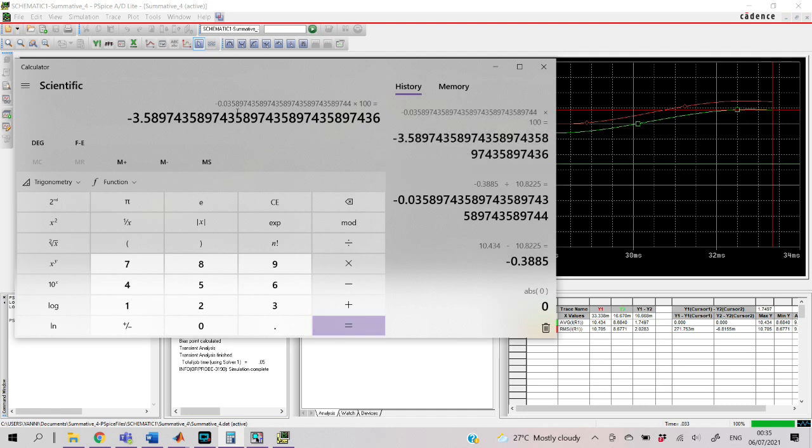So it is around 3% error. By obtaining its absolute value, it's about 3.59% as the percent error for the average current.